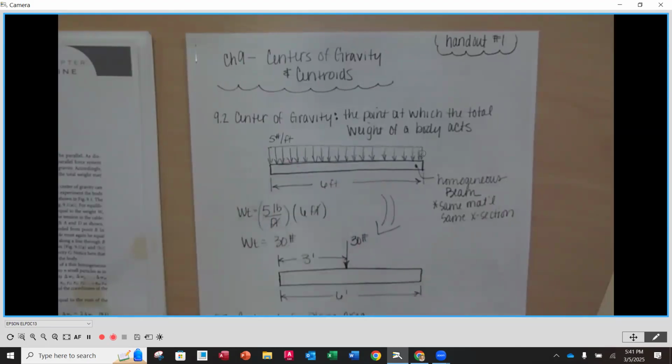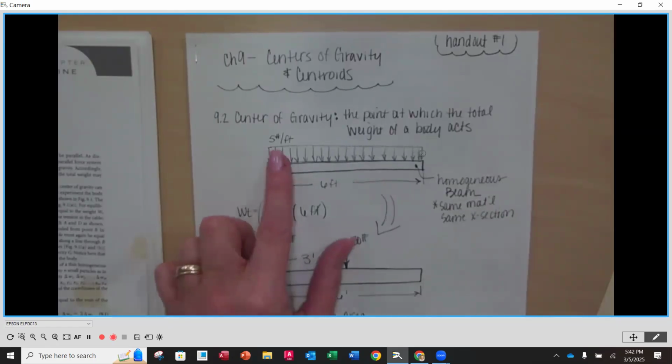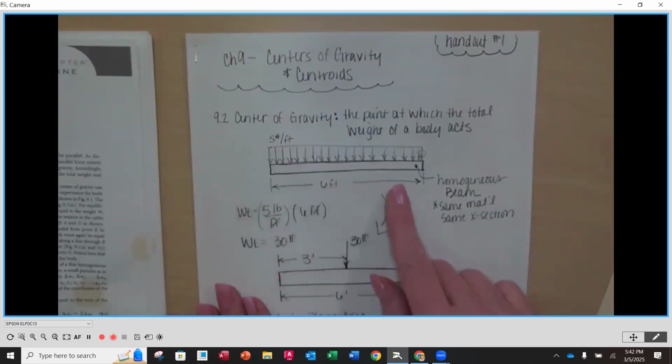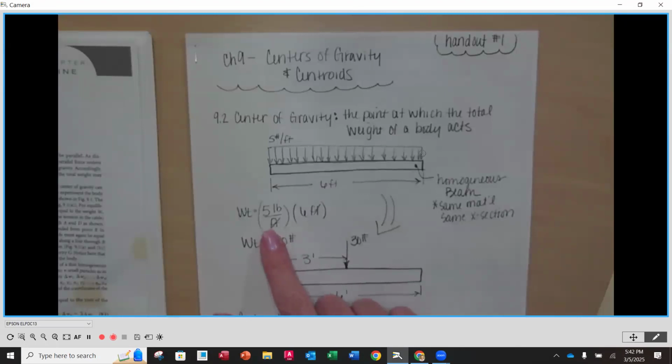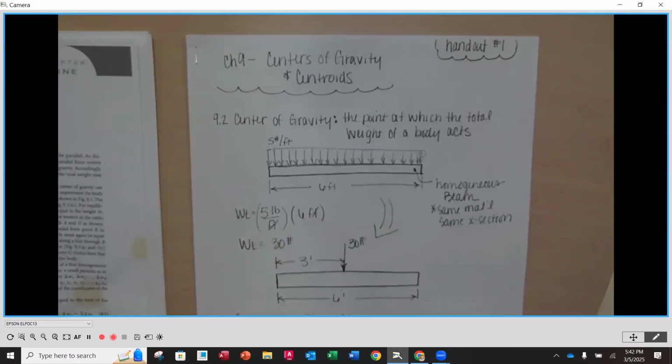So what that means is the weight of that, if I would take individual 1-foot sections that I would cut off and put on a scale, each one of those sections by themselves would weigh 5 pounds. So now, since there are 6 feet here, we can multiply 5 pounds per foot times 6 feet, and we're going to get a total weight of that whole beam of 30 pounds.